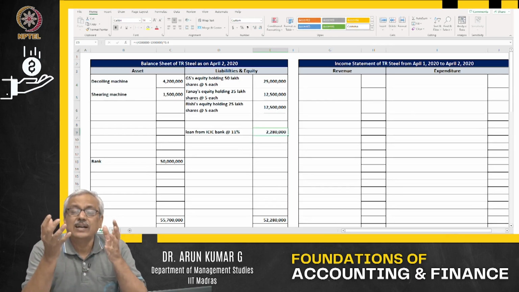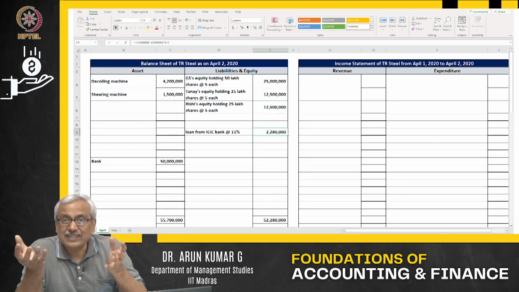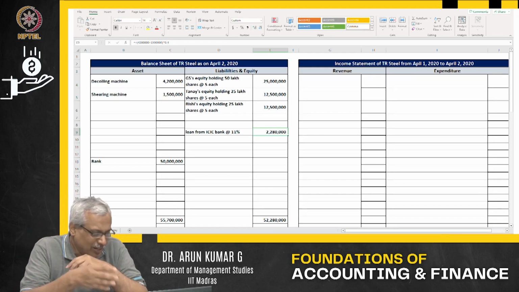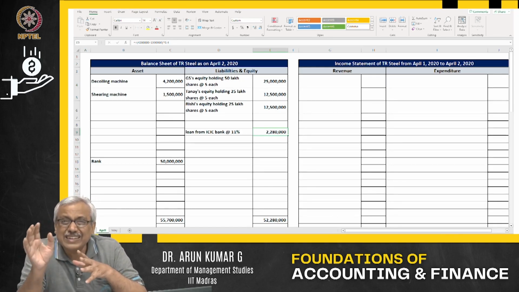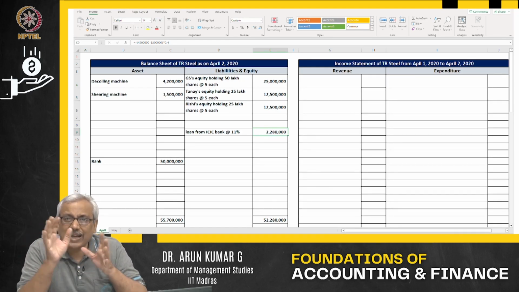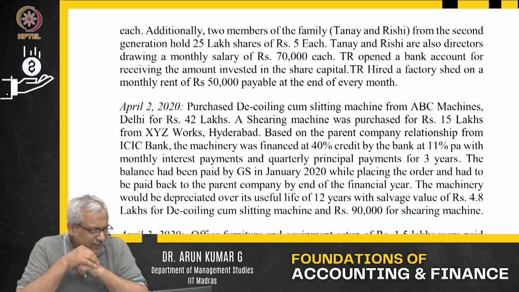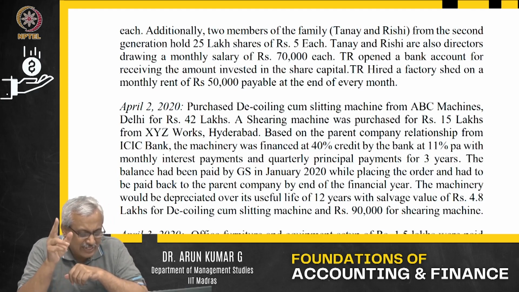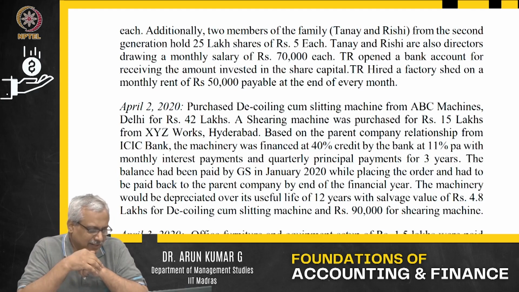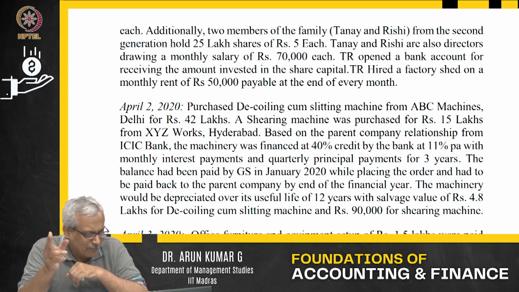So what is the other part that is getting impacted? Minimum 2, I said 1, liability to the extent of 40%. So the other 60%, we don't know how you have got the money. Let us read the statement again. The balance had been paid by GS in Jan 2020 while placing the order and had to be paid back to the parent company by end of the financial year.